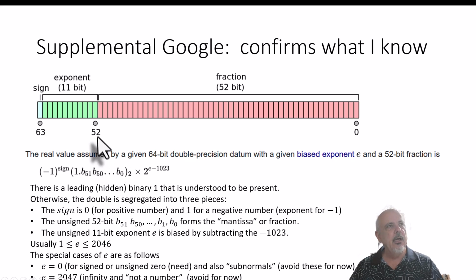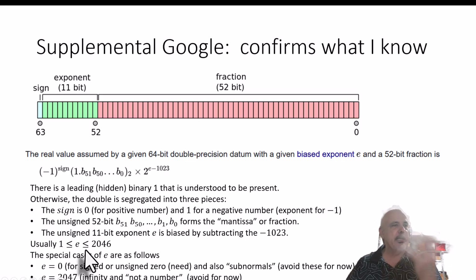Okay, and then these numbers going from 52 to 62, that's an 11-bit exponent, and it's biased. It's a biased exponent. Really, I want to say that exponent is actually unsigned.